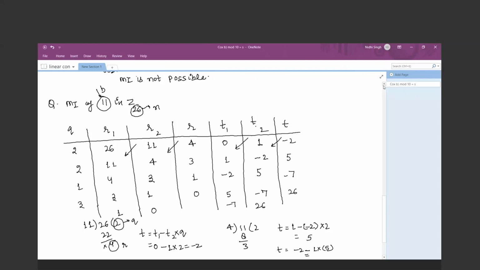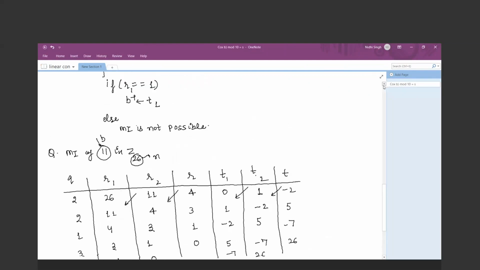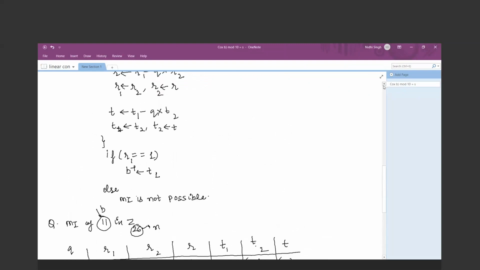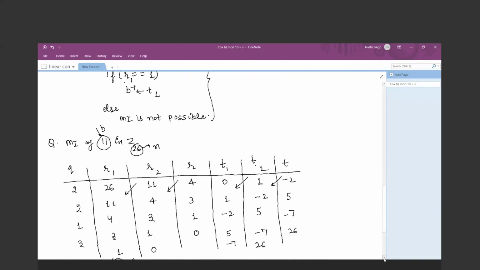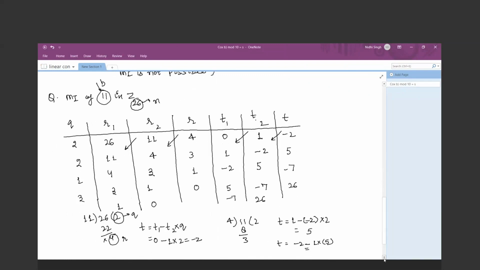Now if this condition is terminated, then we have to jump out of the loop and check the further condition. The condition is if R1 equal to 1 or not. So we have to find out the value of R1 and check whether it is equal to 1 or not. So yes, luckily, it is equal to 1.